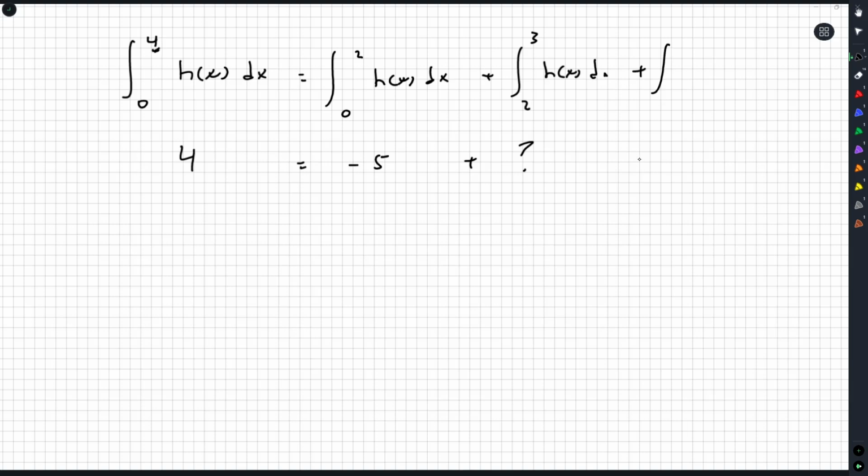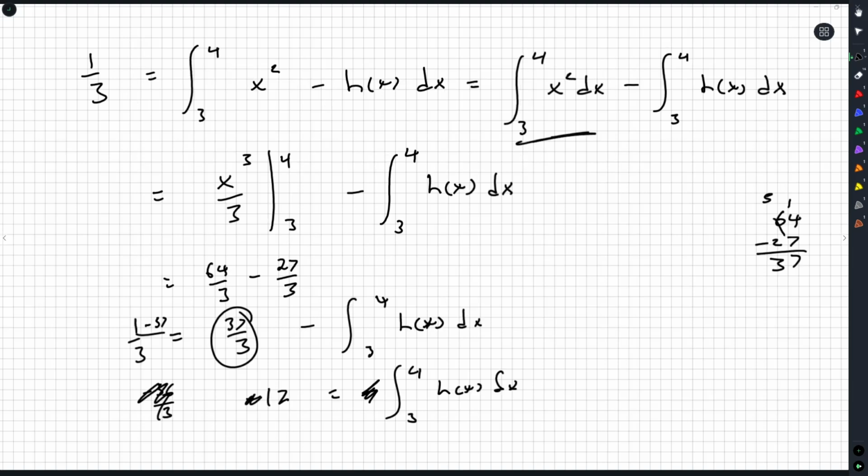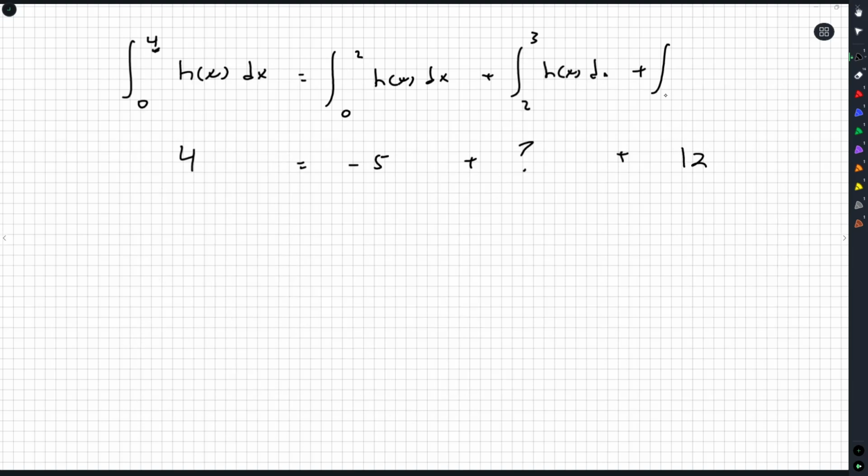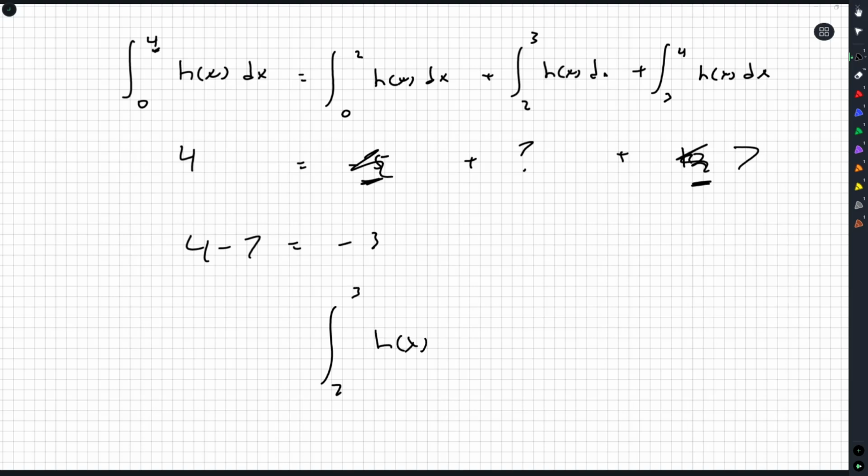So plus what we just found, which was 12, the integral from 3 to 4. So negative 5 plus 12 is 7. So 4 minus 7, negative 3 is the value of my mystery integral. And there it is, all done.